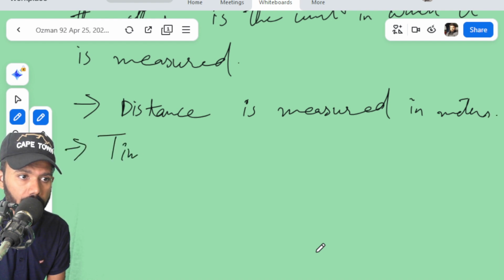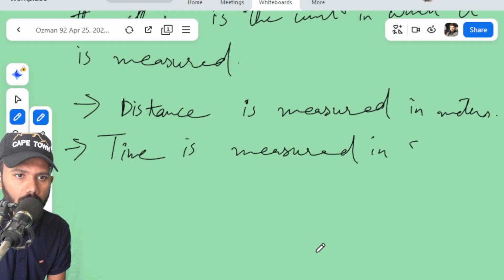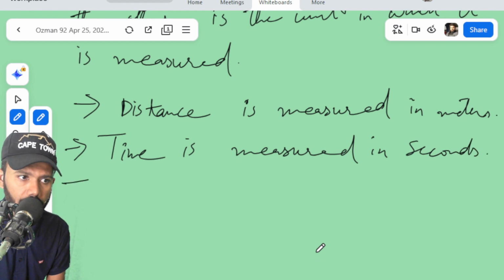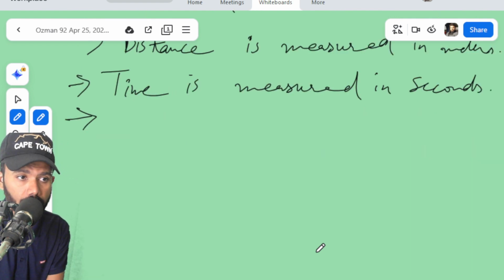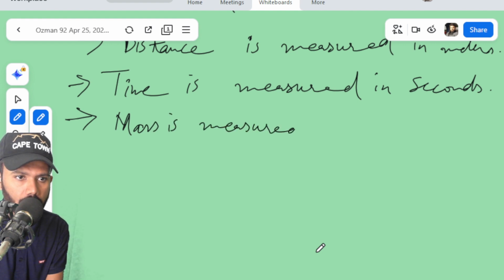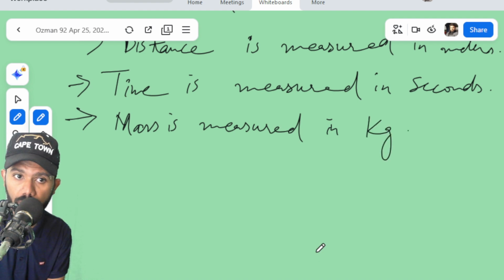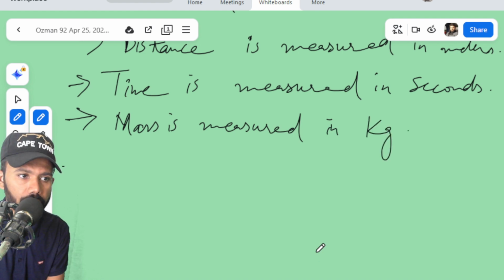Time is measured in seconds, right? Mass is measured in kilogram, kg, right?